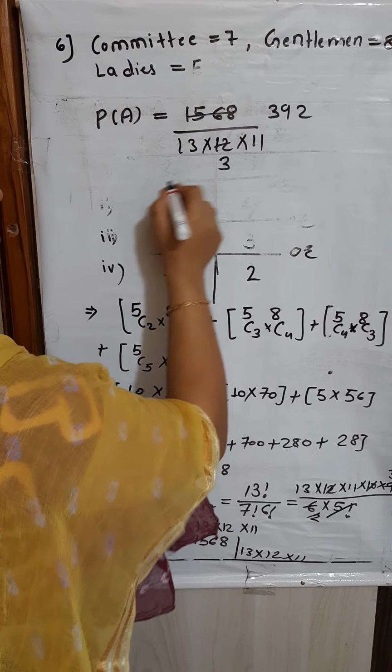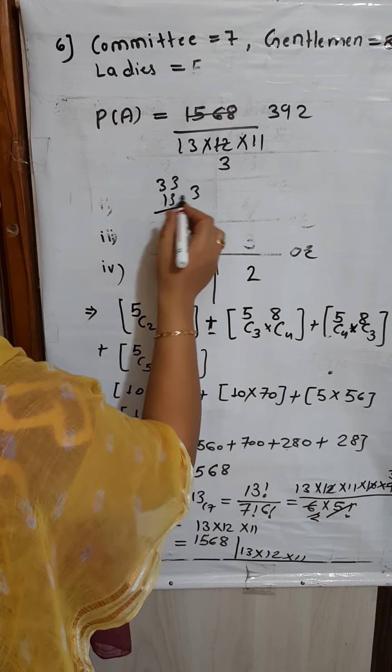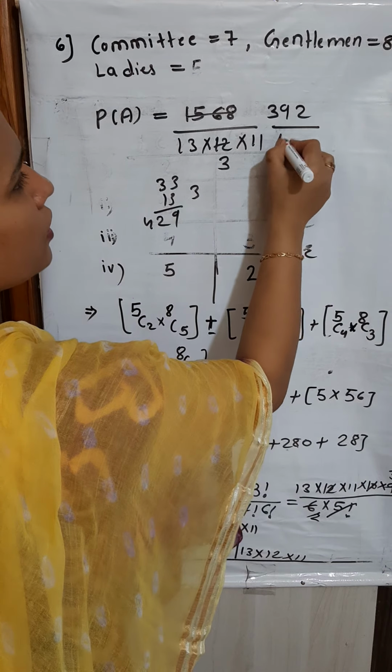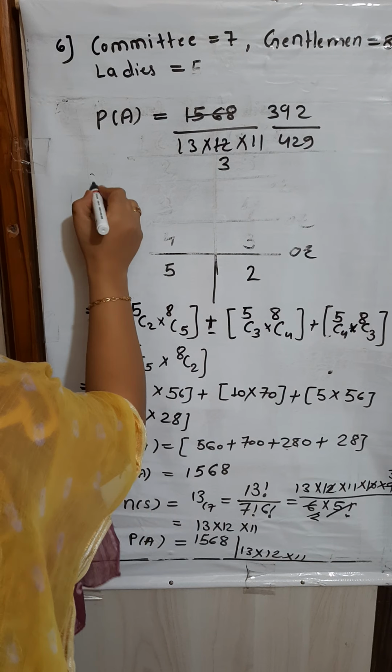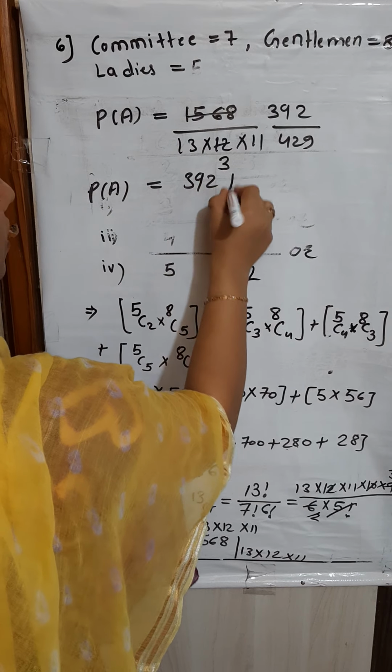So 33 into 13, 429. 392 divided by 429. This is the final answer, the probability of A. So the probability of event A in the B bit is 392 divided by 429.